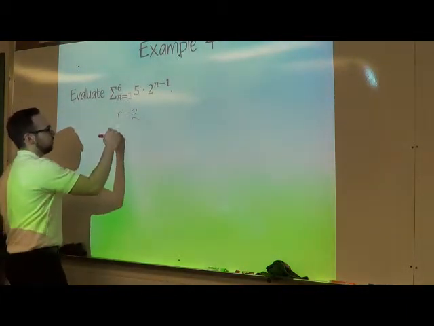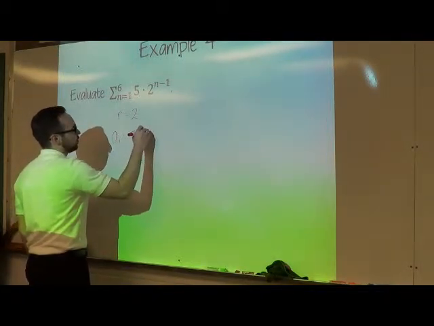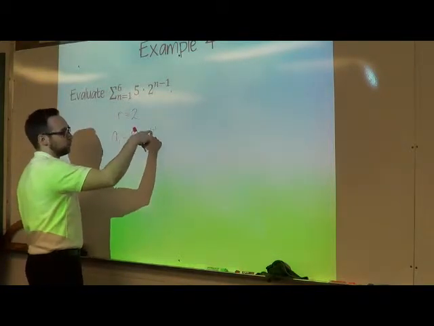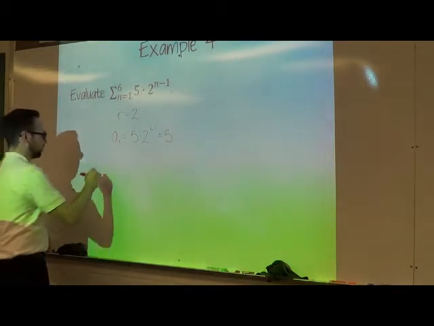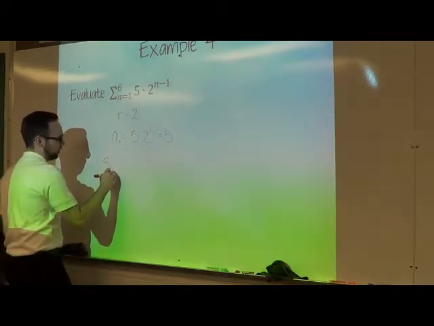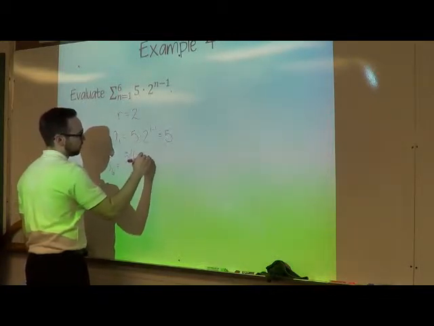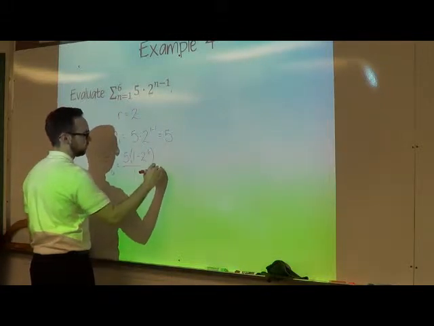So we're seeing that r is going to be equal to 2. And then a sub 1 is found by doing 5 times 2, and then you substitute in 1. 1 minus 1 is 0, 2 to the 0 power is 1, so this all ends up being just 5. So when I plug in, S sub 6 is going to be equal to 5 times (1 minus 2 to the 6th) all over 1 minus 2.